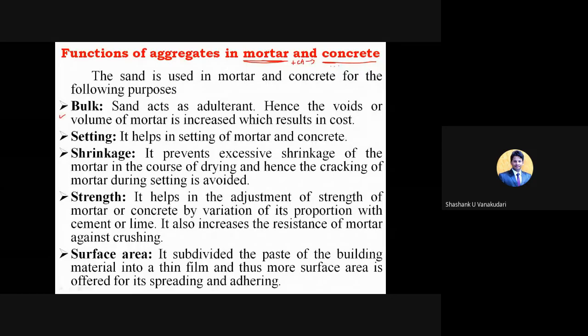So, bulk. Sand acts as the adulterant. Adulterant in the sense that the role of this sand might seem less for general purposes, right? The major thing you can see is only the coarse aggregate and the cement, but the usage of this sand is most important since it is going to give additional strength to that concrete by providing proper bonding between the other ingredients, and it is going to reduce the voids and even the volume of mortar, which is increased by taking the medium proportions of these ingredients, that is 1 is to 2 is to 4, right?